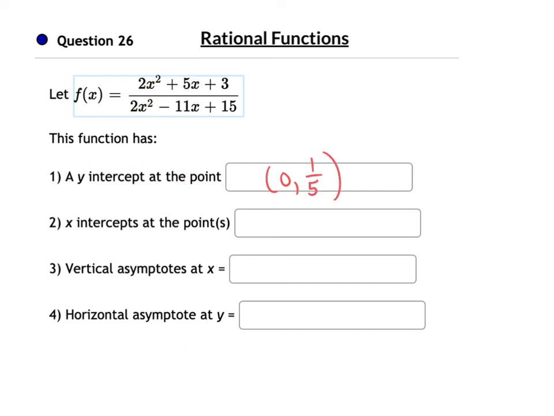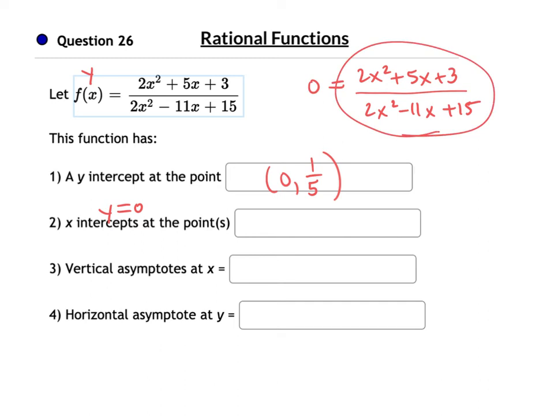If we're looking for the x-intercepts, we know that y is 0. This is our y. 0 equals 2x squared plus 5x plus 3 divided by 2x squared minus 11x plus 15. So ask yourself, when would this fraction be 0?